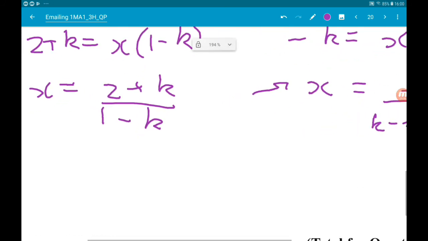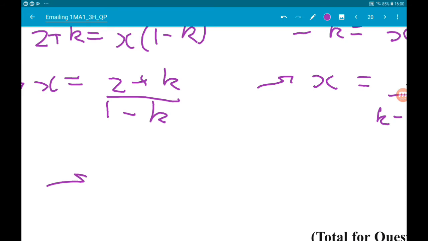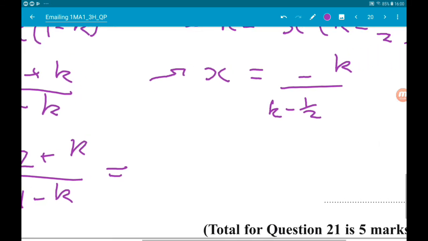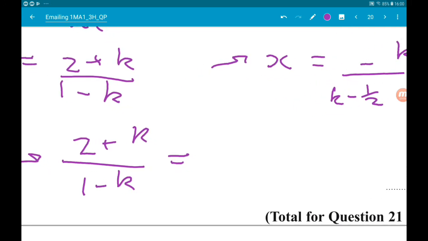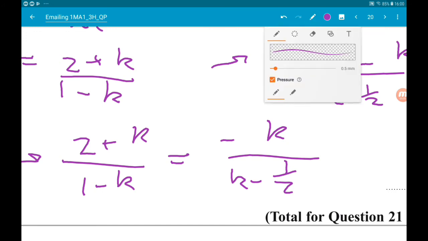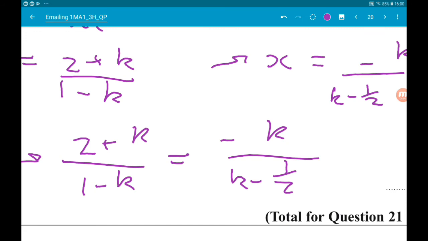So we can now say 2 add k over 1 minus k is equal to minus k over k minus 1/2. Now we need to solve this for k.